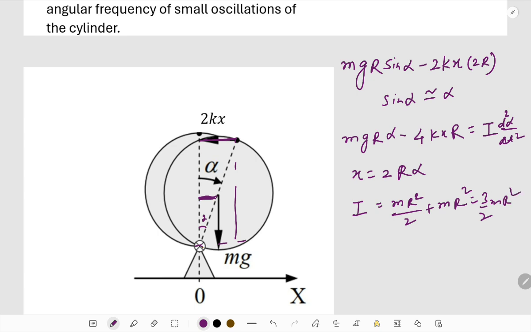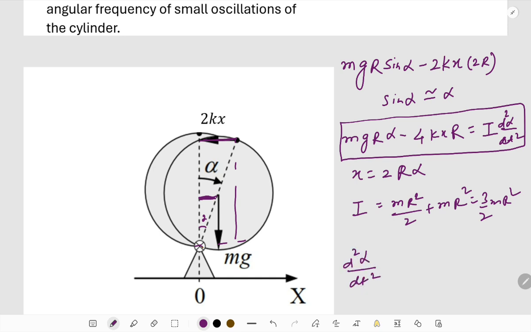We have all the information now, and we can put all these things into this equation.